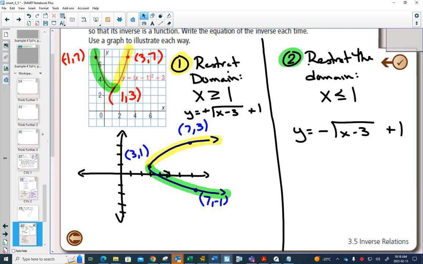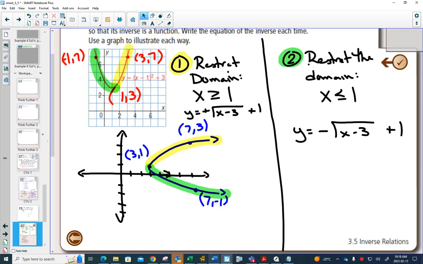So it's a complicated question because it's asking you to do 6 things. Really, 3 things twice. Restrict the domain twice. Find the equation twice. Show it graphically twice. On your take-home quiz, I actually give you 2 graphs so you can split your page and do it twice.